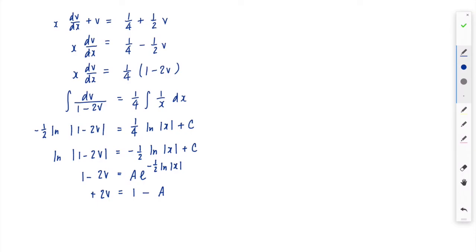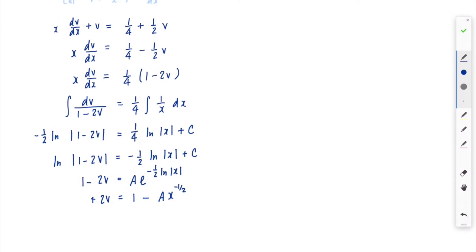But this, using a shortcut, is a times x to the power of negative 1/2, okay? Assuming x positive. Since v is y over x, in other words, y is x over 2 multiplied by 1 minus a x to the power of negative 1/2.